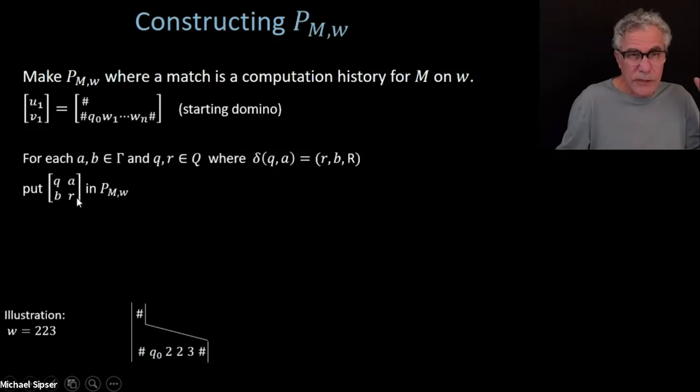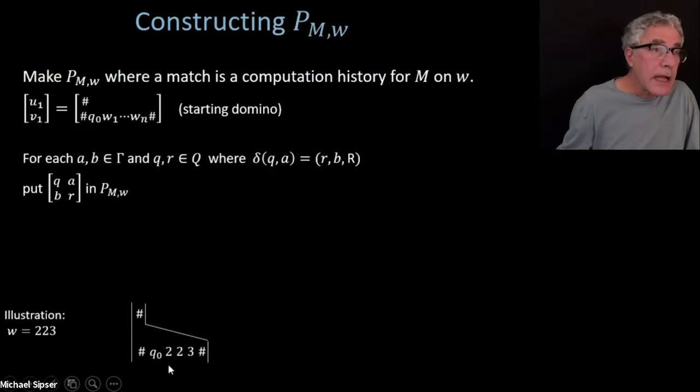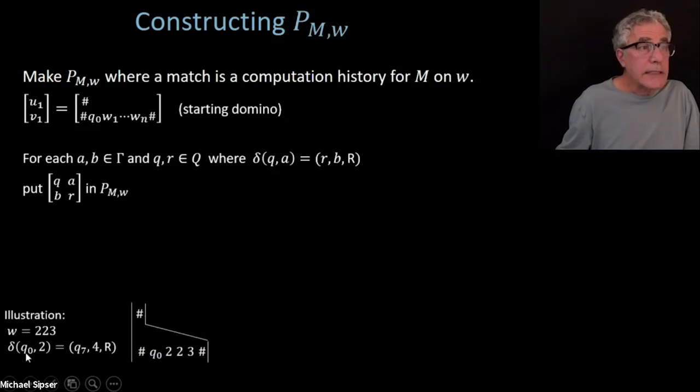So let's see why. Well, that's sort of arcane looking. Why is that a useful domino to put in here? Well, if you take a look, let's assume for my Turing machine, when it's in state Q0, which is the starting state, and the head is reading a 2, which it will happen to be reading because the string W starts with a 2.